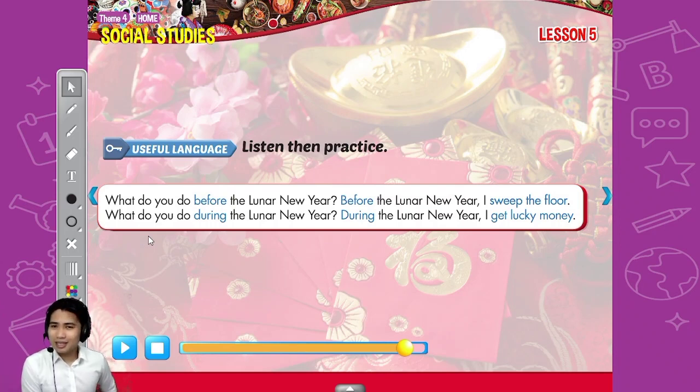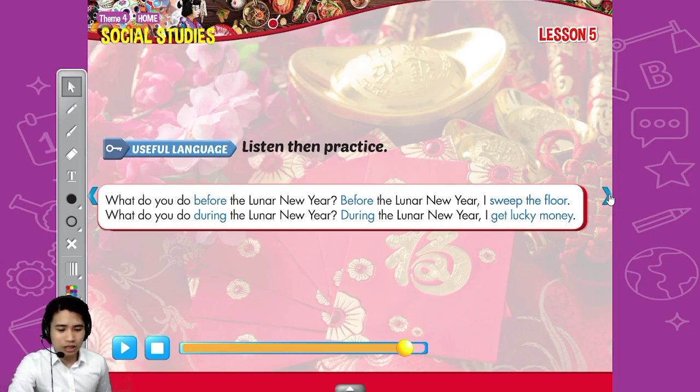Next question: what do you do during the Lunar New Year? During Lunar New Year, I get lucky money. So that is your useful language. Before and during.